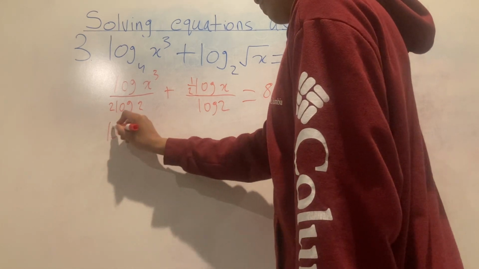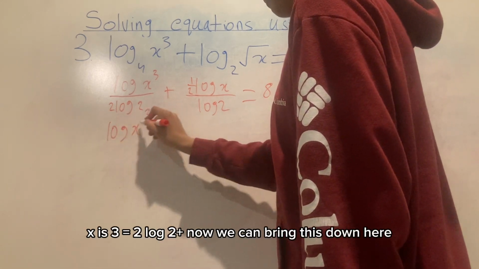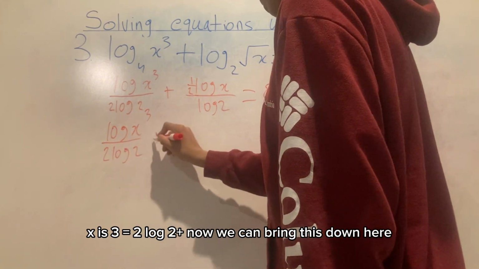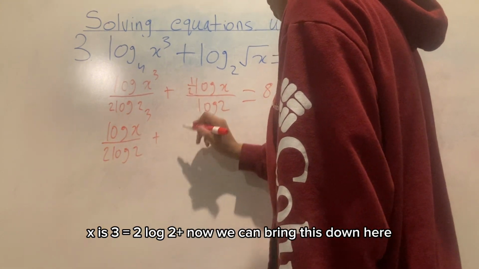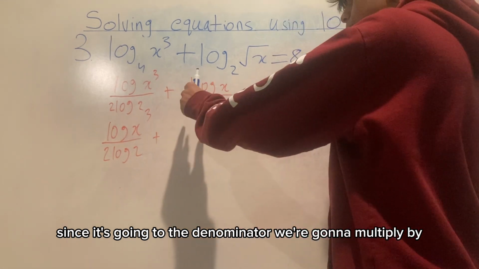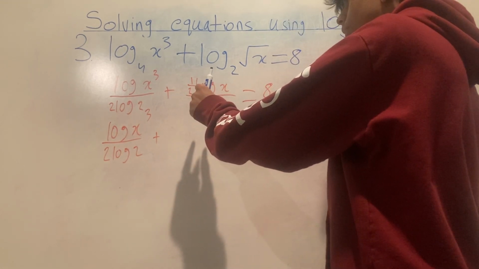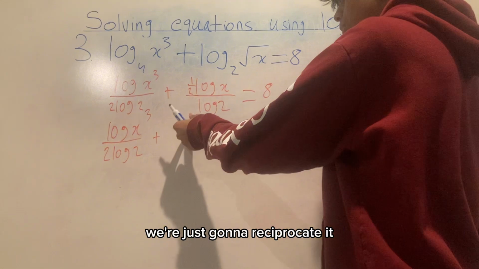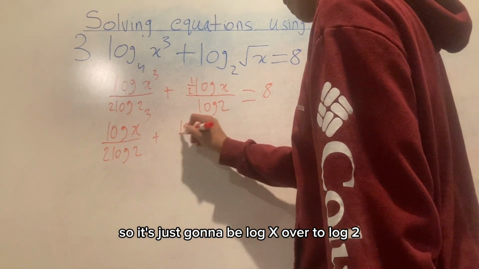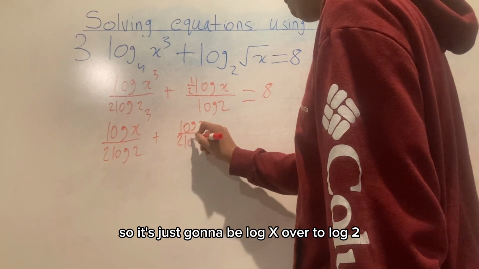So log x to the 3 equals 2 log 2 plus, now we can bring this down here. Since it's going to the denominator, we're not going to multiply, we're just going to reciprocate it. So it's just going to be log x over 2 log 2.